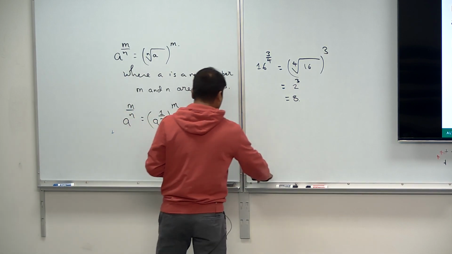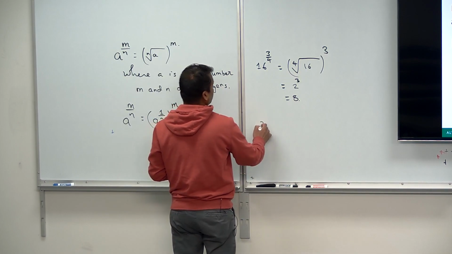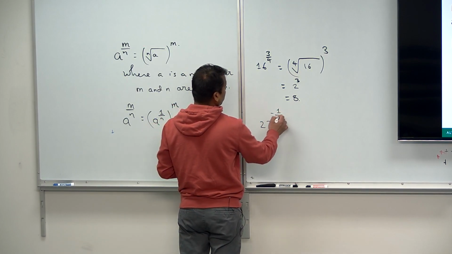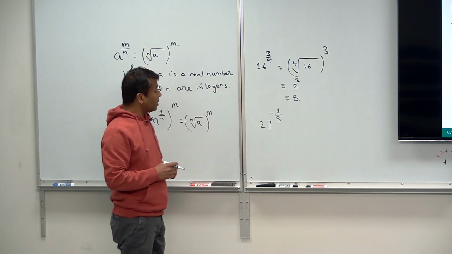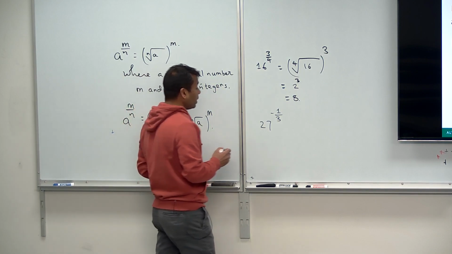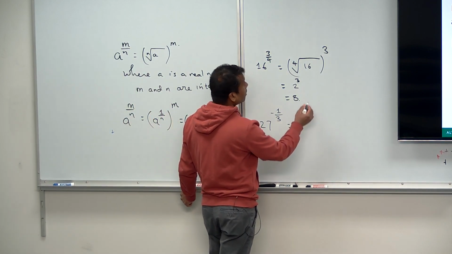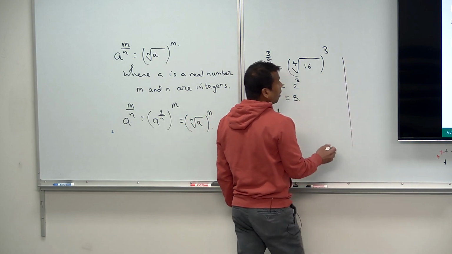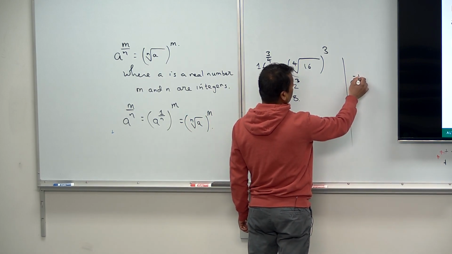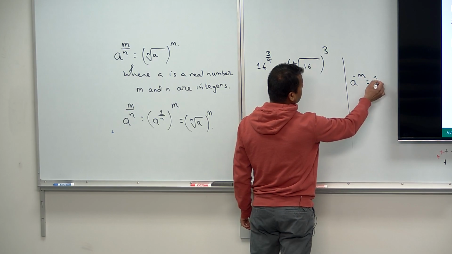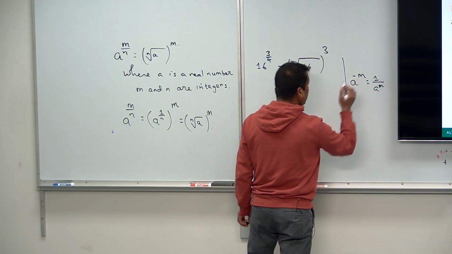Similarly, you can figure out, let's say, 27 raised to the power negative 1 over 3. So remember the law of exponents: if you have a to the power negative m, it is the same as 1 over a to the power m.